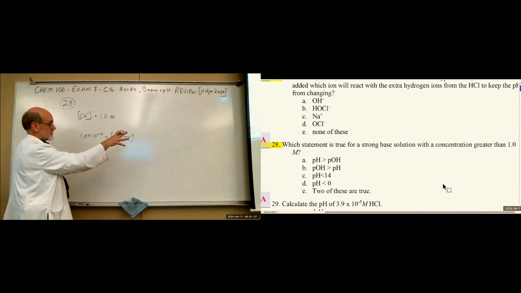Okay, if we have Ka values and we're looking for the strongest conjugate base, then in order to determine the strongest conjugate base from the Ka value, we need to find the weakest acid. So based on the Ka, we want the weakest acid.